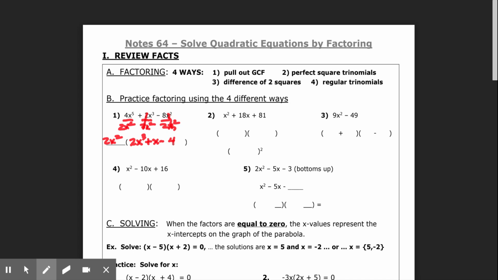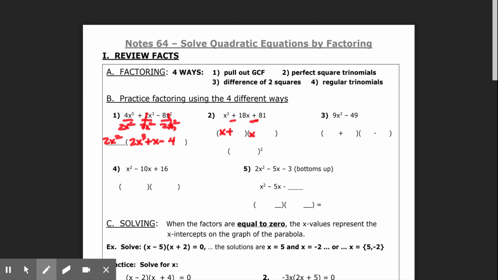Let's look at problem number 2. This one is going to be a perfect square trinomial. Your first term and your last term are perfect squares. So we're going to have an x and an x. And since that's a plus, it tells you the signs are going to be the same. That tells you what they're both going to be.